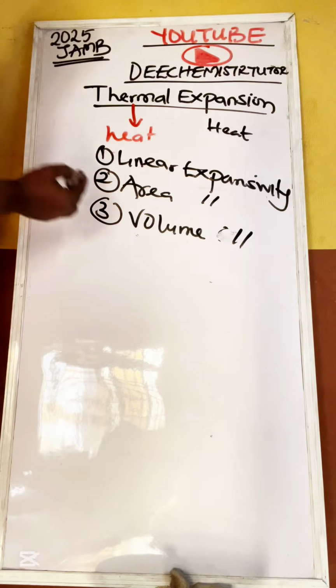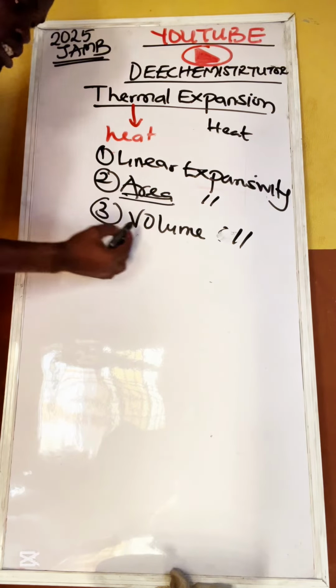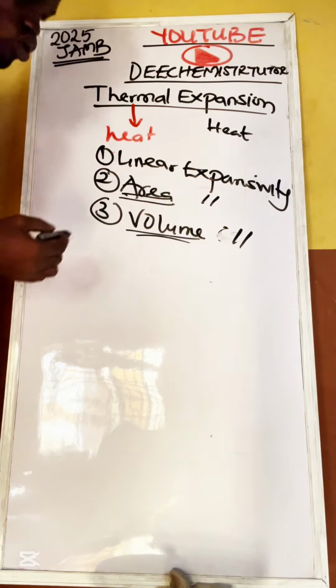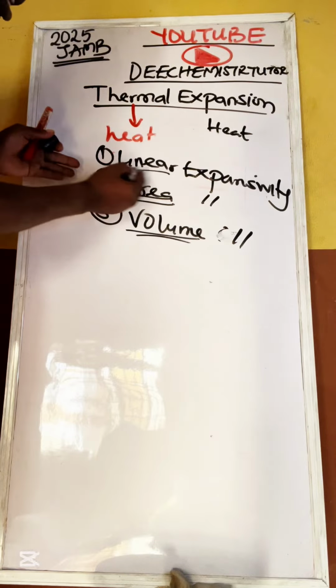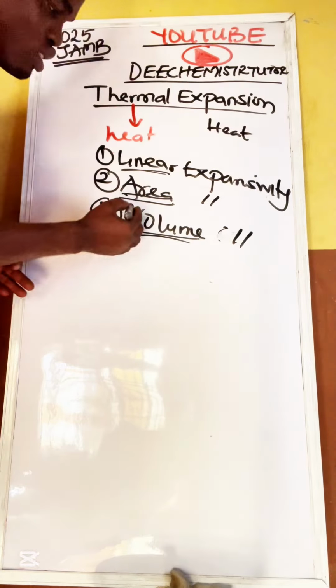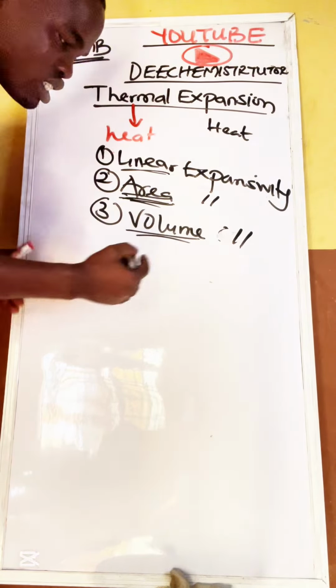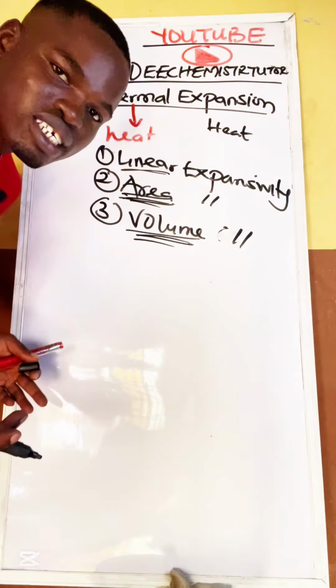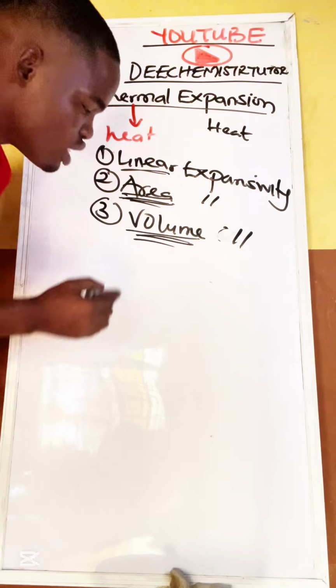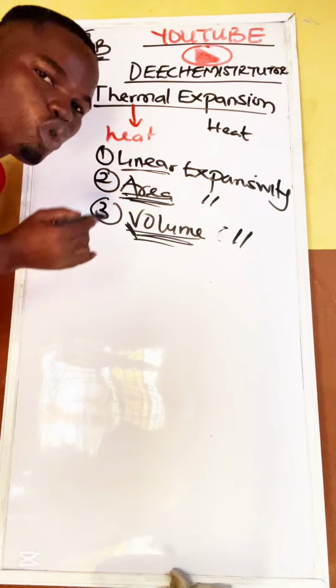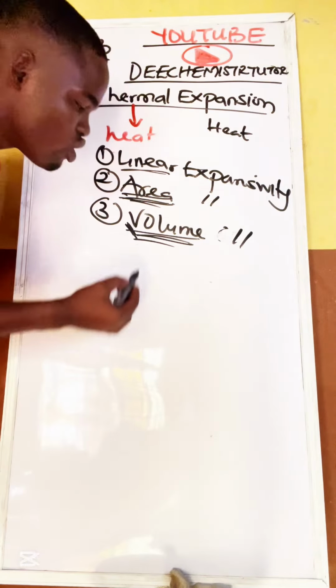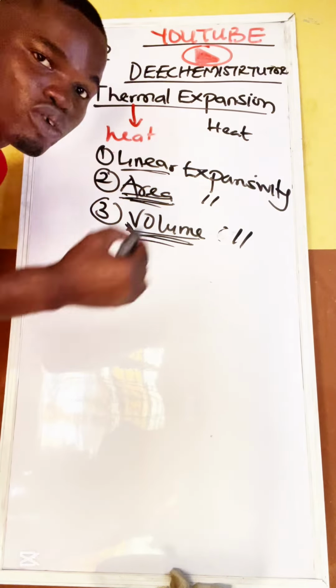You must understand that they are talking about when the length expands, when the area expands, when the volume expands. Now this volume expansivity is called cubic expansivity. You can also call it volume expansivity, or cubic expansivity.